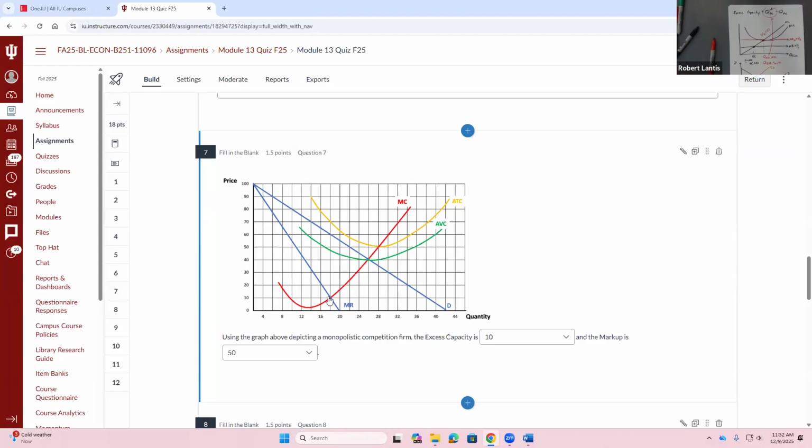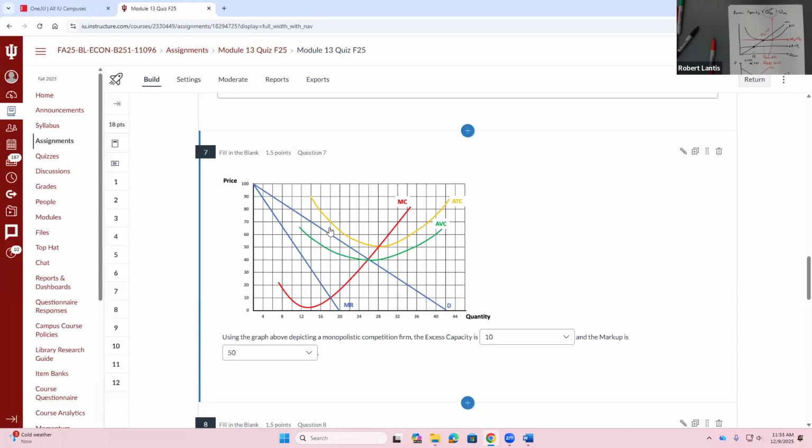The price they set, well, they go up to the demand curve. So remember, I'm choosing the quantity in monopolistically competitive and monopoly markets where marginal revenue is equal to marginal cost. I then set the price by doing what? Going up to the demand curve. So price will always be above marginal cost. So if price is above marginal cost with a monopolistic competitive market, my markup will always be positive.